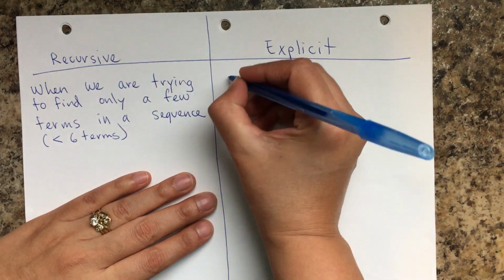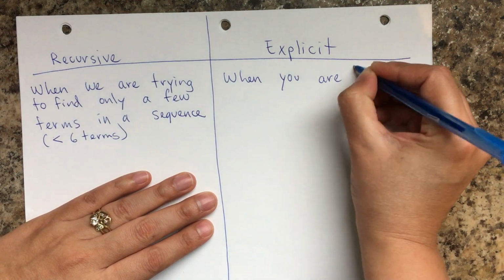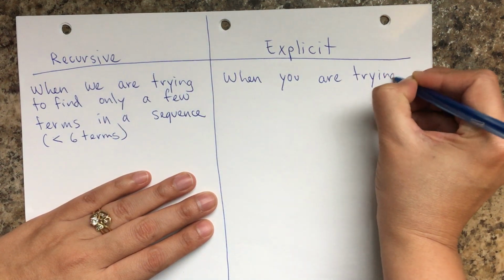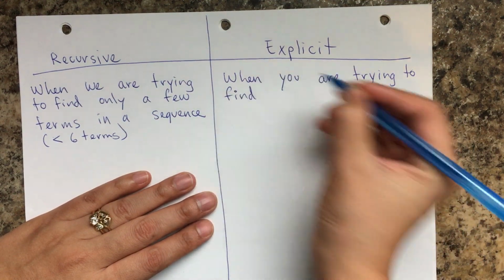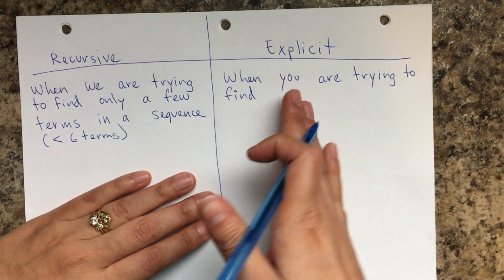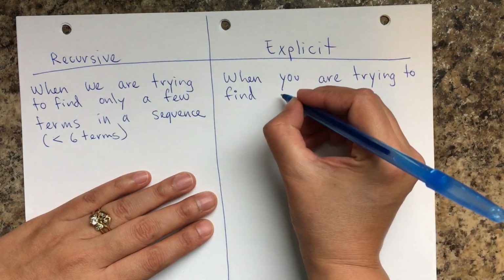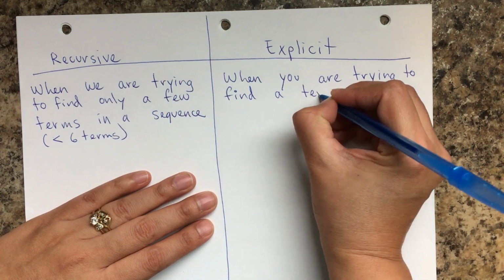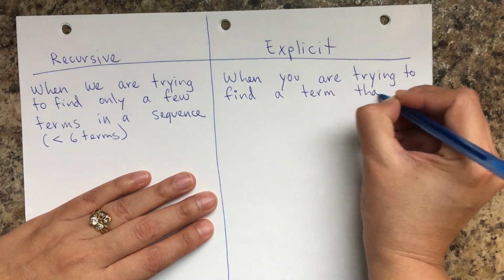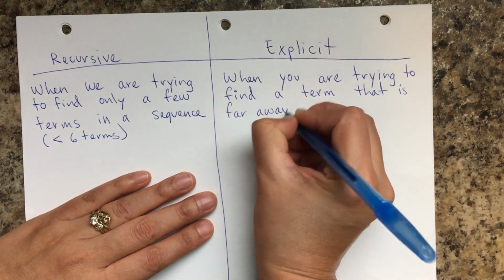The explicit formula, when you are trying to find a number or a term that is far away from the first few, okay, find a term that is far away.